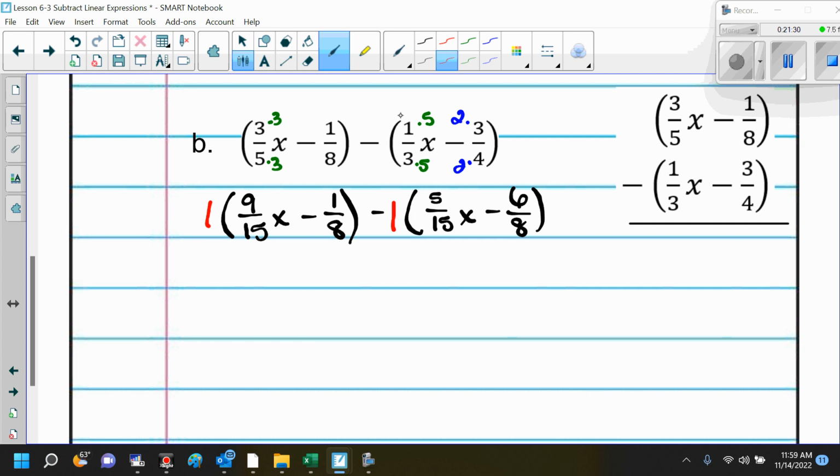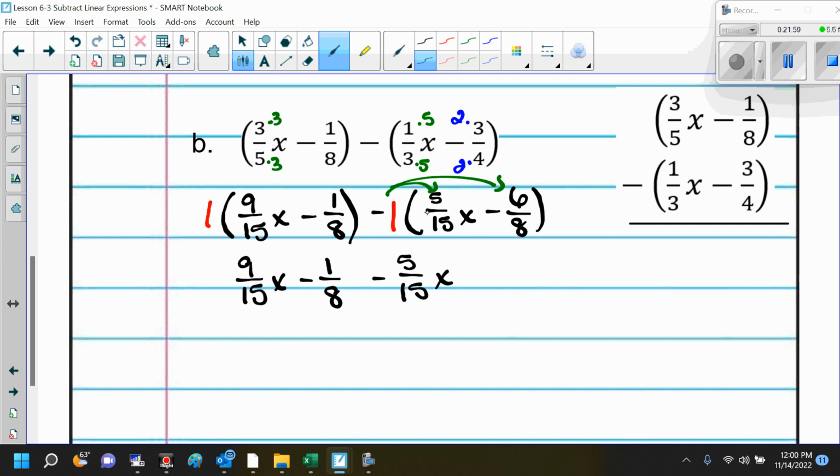Yes. So now we distribute. Okay, so we'll distribute the -1 through on this side, and this side we can just take away the parentheses. So that's going to be 9/15 x minus 1/8. And then over here we have a -1 times a positive 5/15 x. That's going to be a negative 5/15 x.